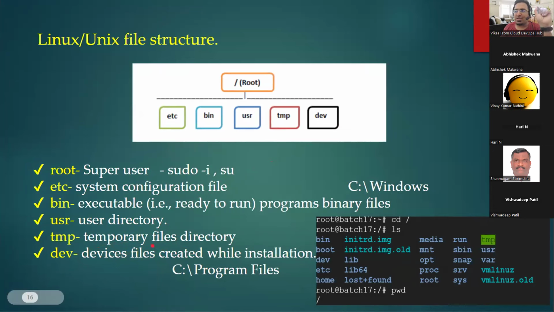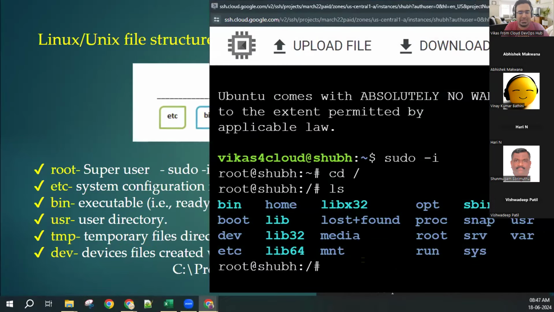As a practice, if we want to perform any activity which we are not sure about, or some temporary activity, we explicitly go to the /tmp location. How to go? cd /tmp.